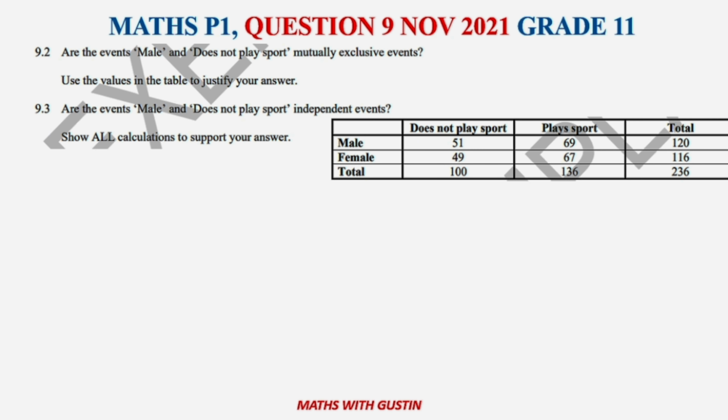9.2 says, are the events male and does not play sport mutually exclusive events? So mutually exclusive events, these are events that can occur independently out of each other. So it means the one does not affect the other one. Now let's come here and say the probability that a person is a male and does not play sport.